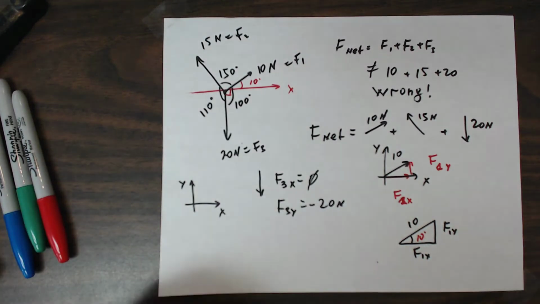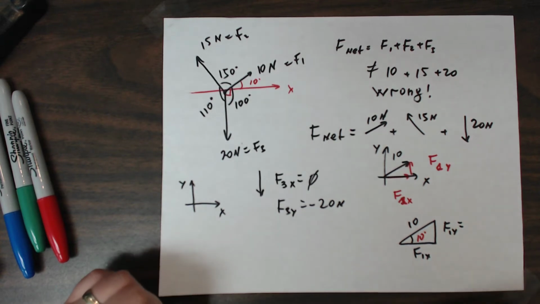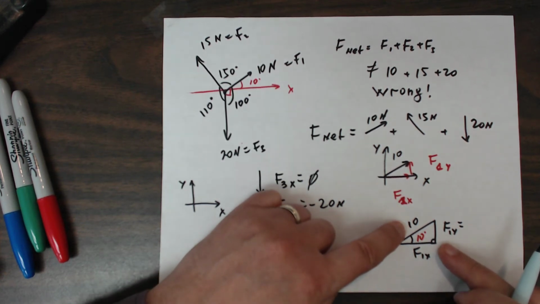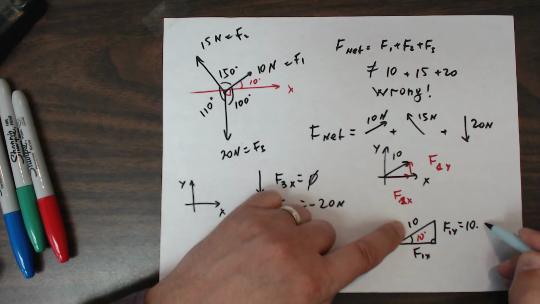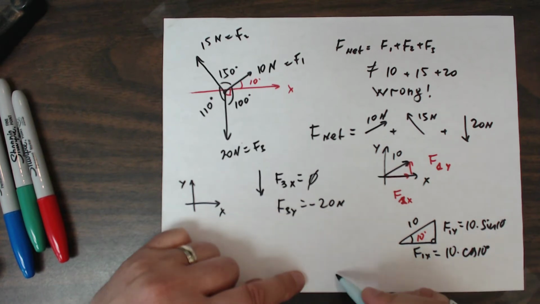Now we can start using equations related to a right angle triangle. This is the right angle, hypotenuse. So this side is opposite to this angle. Opposite means use a sine. So it will be equal to 10 times sine of 10 degrees. This will be equal to the hypotenuse 10 newtons times cosine of 10 degrees.